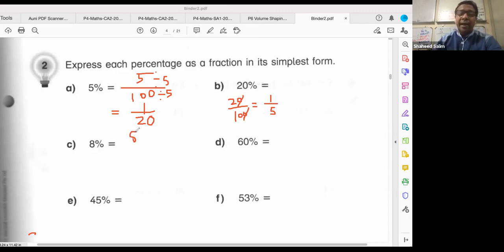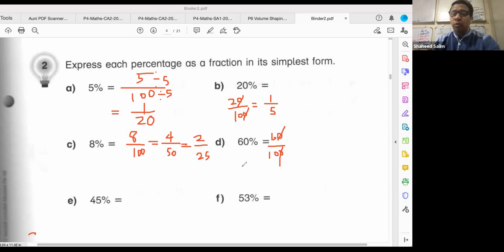This one, 8 over 100. You can divide by 2, you get 4 over 50. You can divide by 2 again, you get 2 over 25. The next one, 60 over 100. What do you do? You can cancel one 0. That's easy.